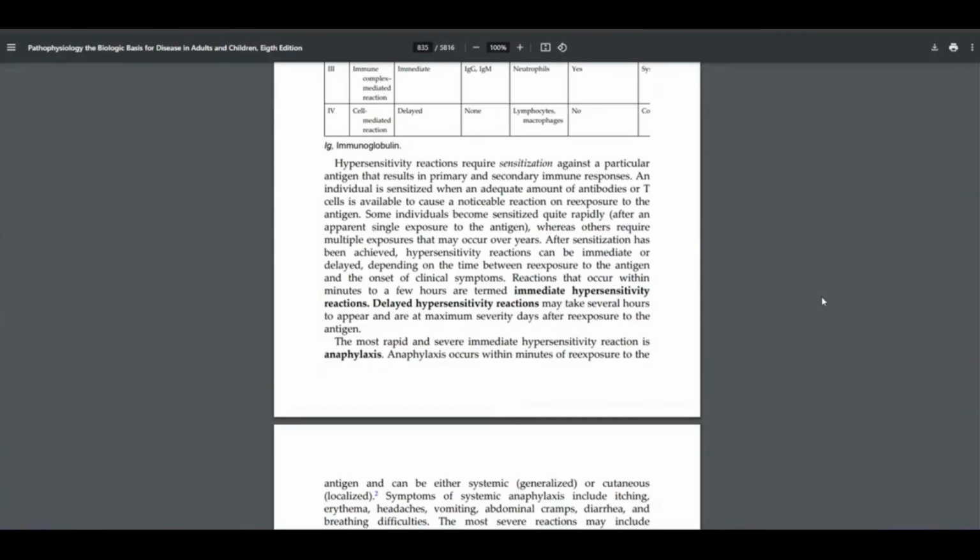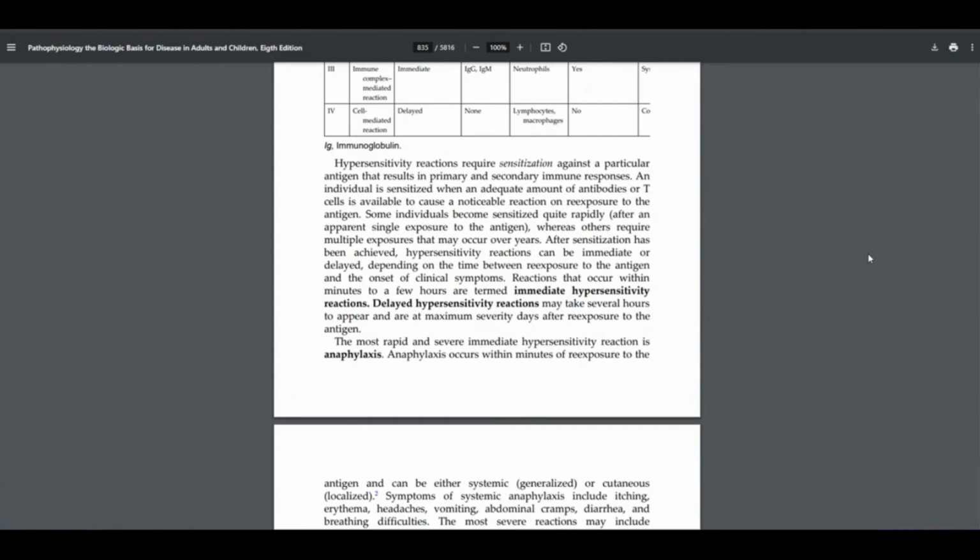Hypersensitivity reactions require sensitization against a particular antigen that results in primary and secondary immune responses. An individual is sensitized when an adequate amount of antibodies or T cells is available to cause a noticeable reaction on re-exposure to the antigen.